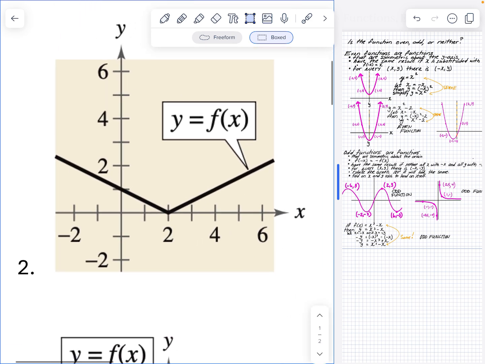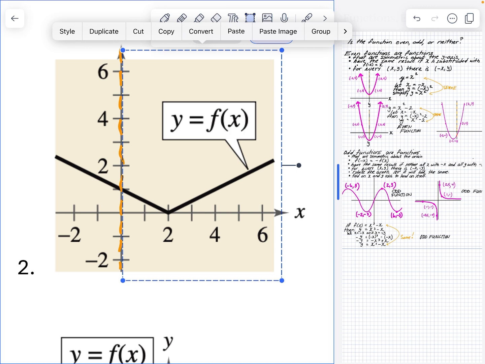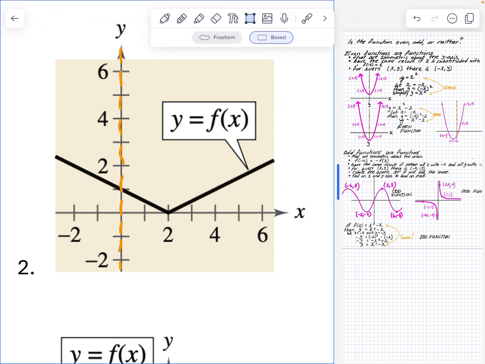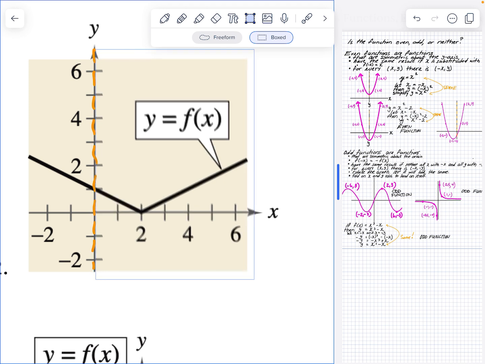Okay, this one, if we fold it on this line, it will not land on top of itself. If we were to take this, copy it, set it right there.